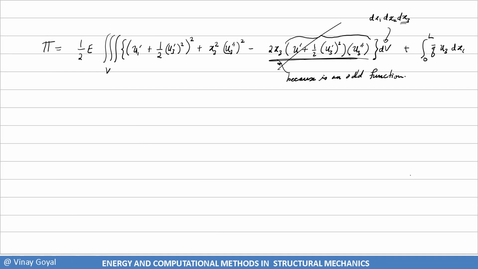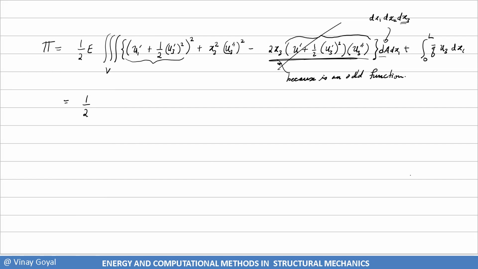Now, dV is also dA dx1. I want you to notice how none of that depends on dA, because U1 and U3 only depend on x1, and dA is really dx2, dx3. So that further simplifies everything.